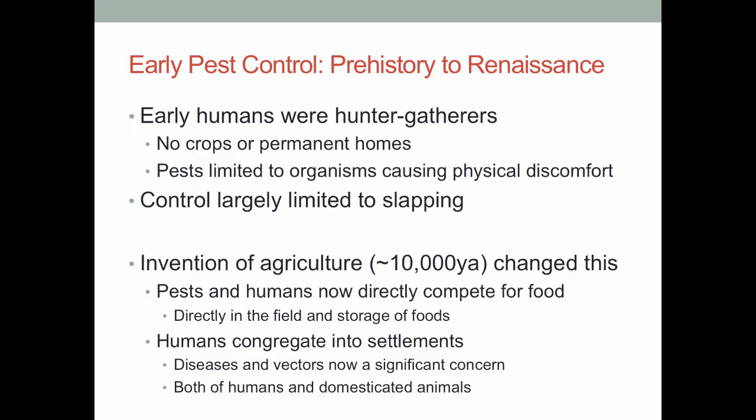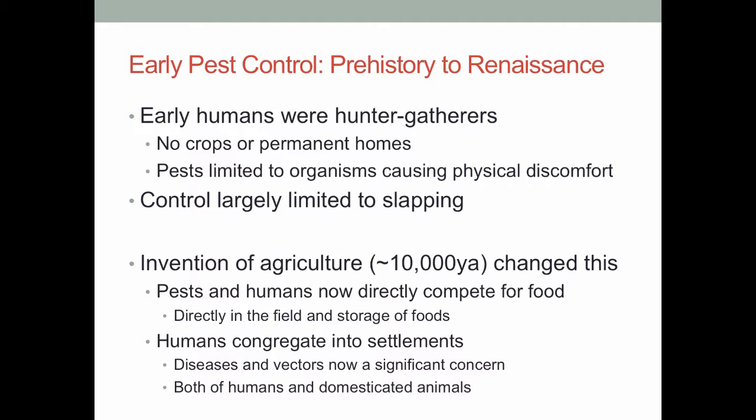It's easier to transmit diseases through waste products, especially if you've got lots of people using communal toilets or open sewers. And we're seeing this not just in humans, but also in their domesticated animals, because now animals are being brought up not in open ranges, but in closed-off areas.